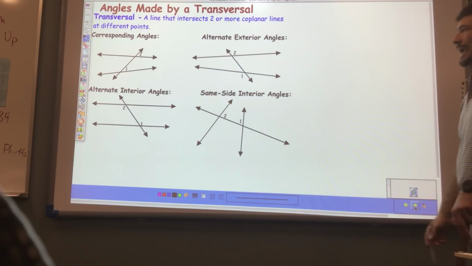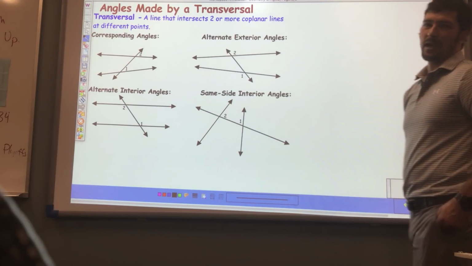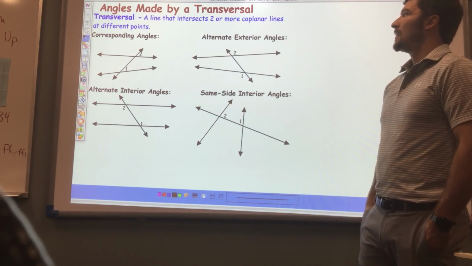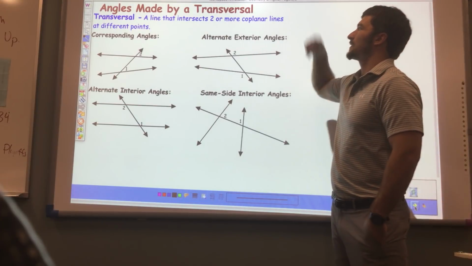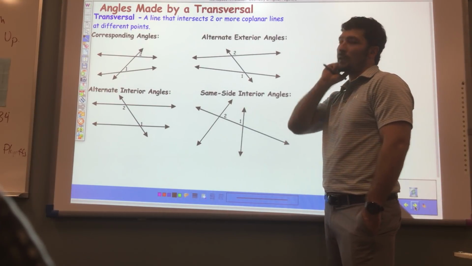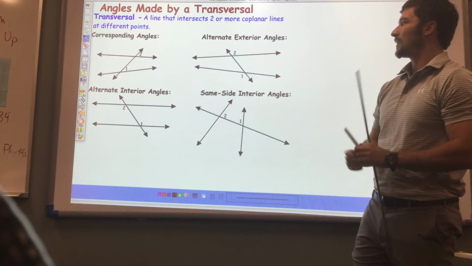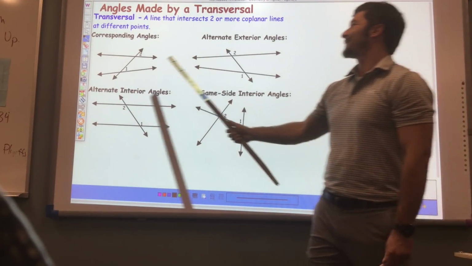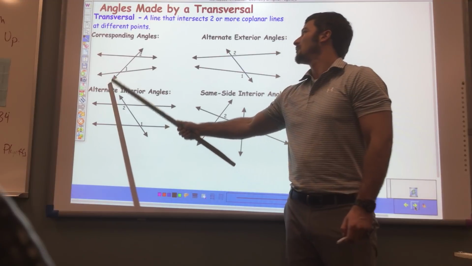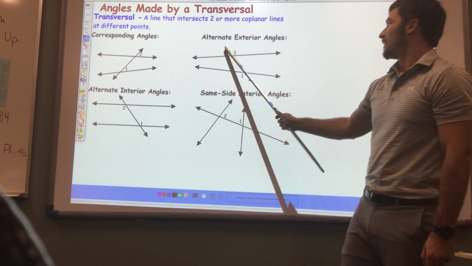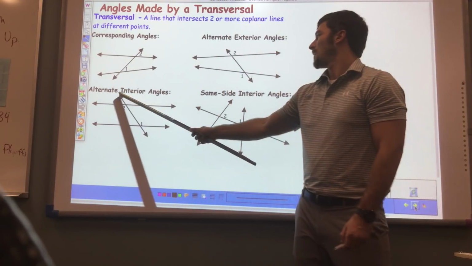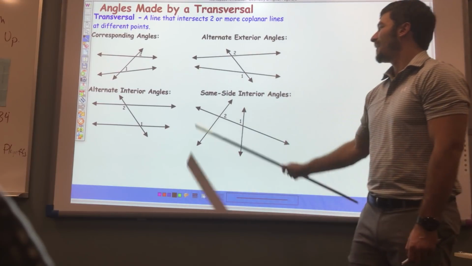Now we have some angle pairs that are created when you have a transversal. A transversal is a line that intersects two or more coplanar lines at different points. I dropped my little yardstick here. My transversals would be this line, it's intersecting these two. This is a transversal. This is a transversal.